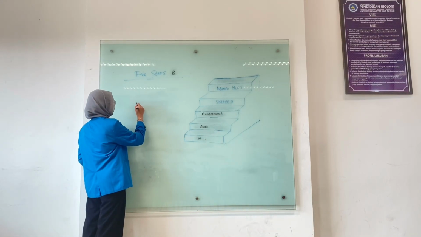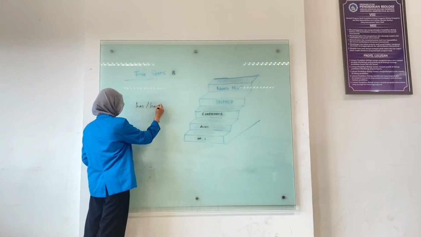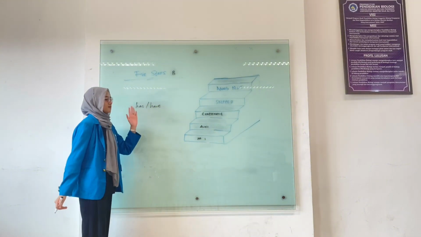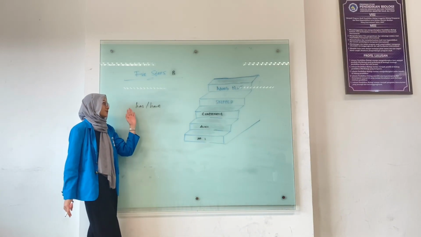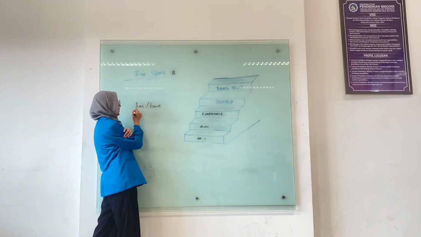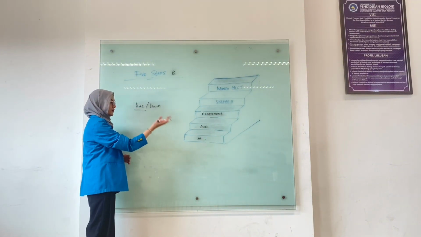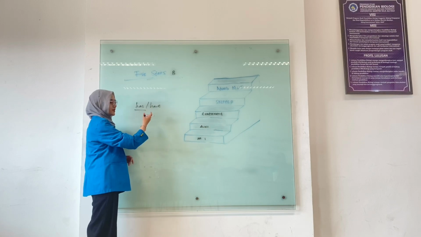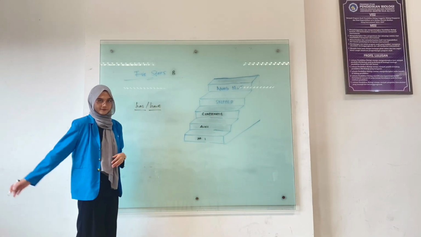Auxiliary is has or have. We use it depending on the NP1. If the NP1 is singular, we have to use has. And when the NP1 is plural, we have to use have.